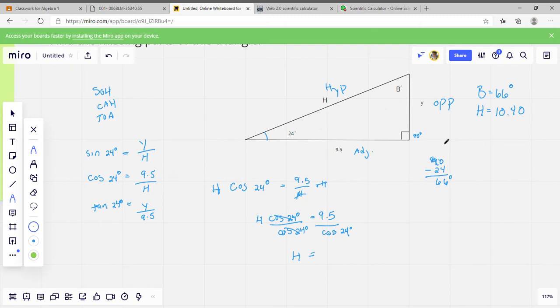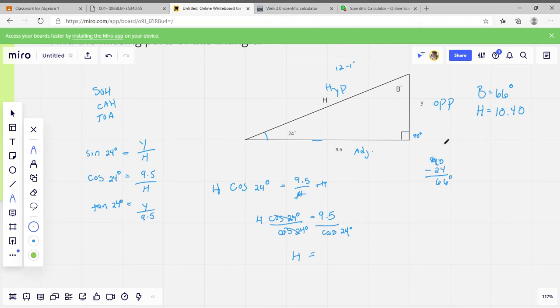All right, the book tells us to estimate first. So if this adjacent one is 9.5, that means that the hypotenuse has to be somewhere between like 10 and, let's say, 12.